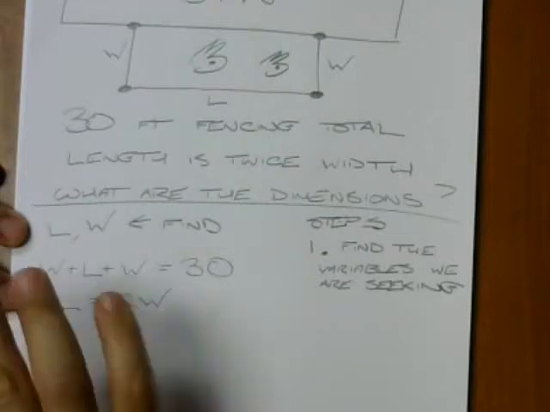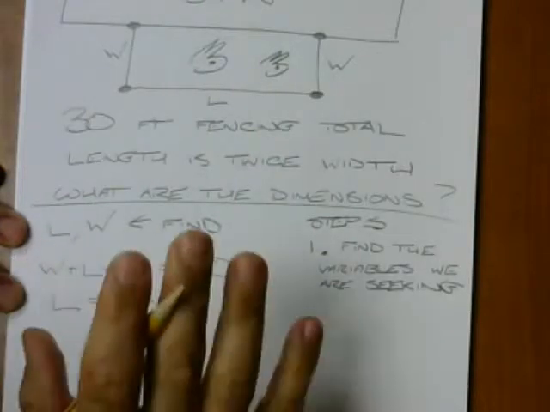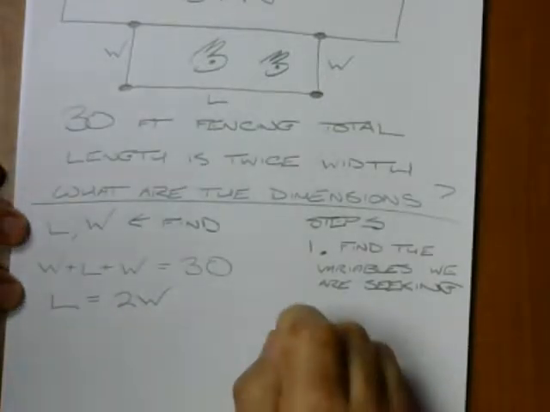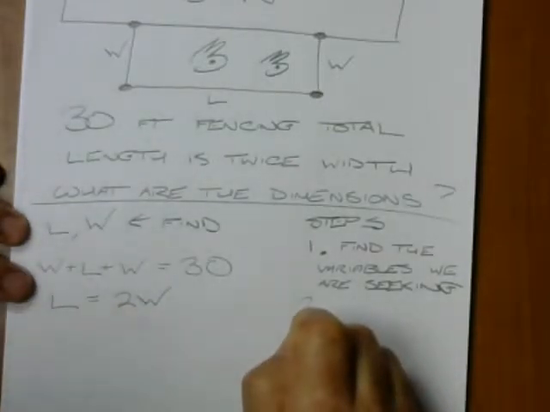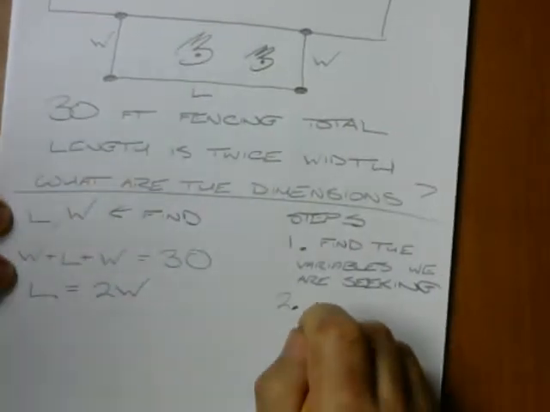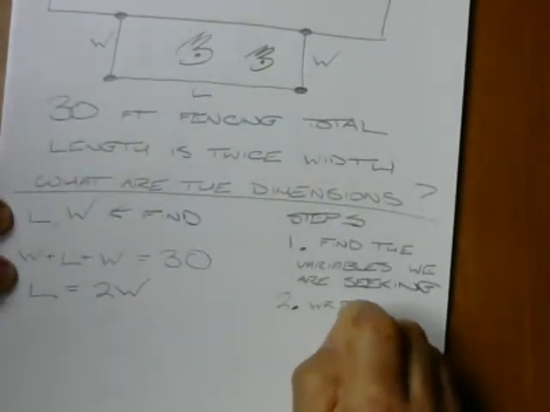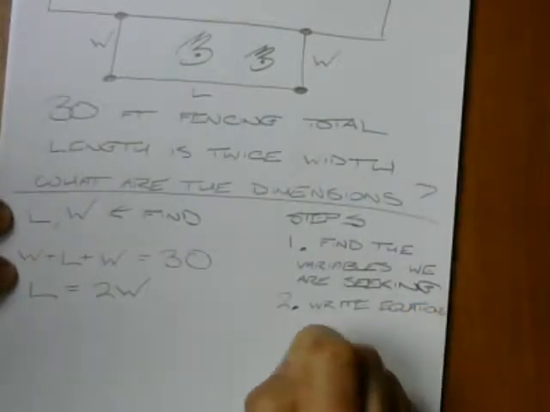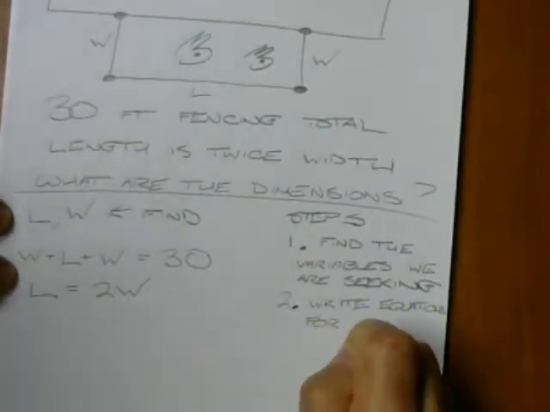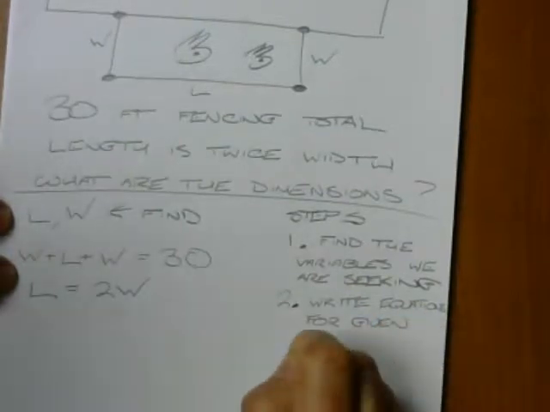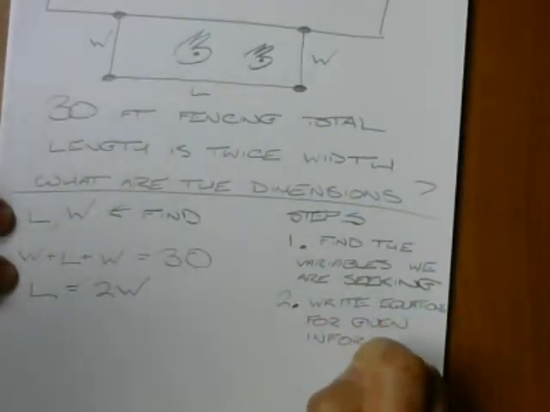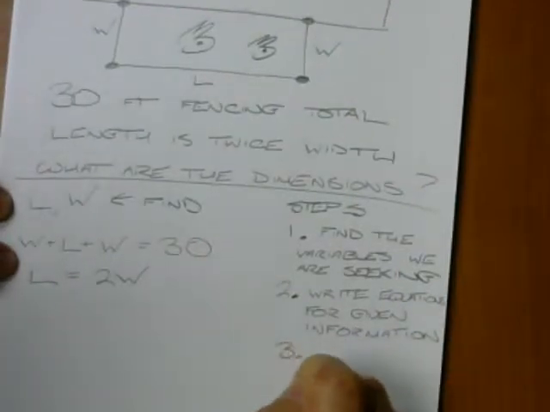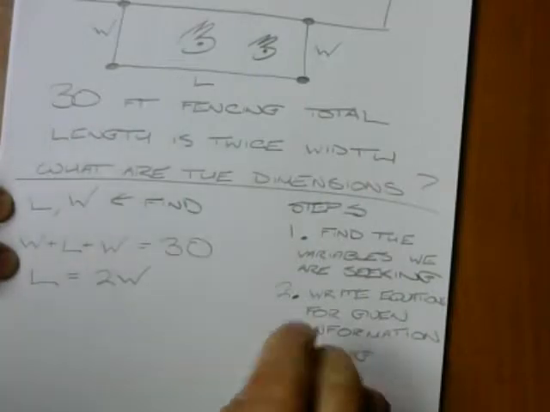And now at this point, you usually don't know what to do, but it's not a bad idea to plug. So our second step was to write equations for the given information. Next step is generally plug.